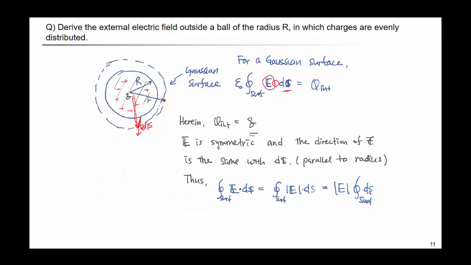This inner dot product will go away, and the electric field will remain only as its magnitude.